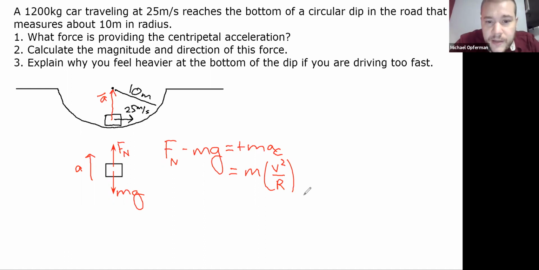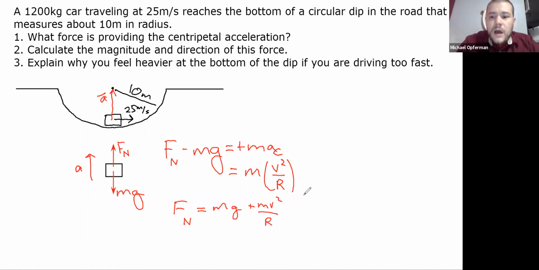In this particular case, m is known, g is known, v is known, r is known. The only unknown is the normal force. So the normal force here is going to be mg plus mv squared over r.